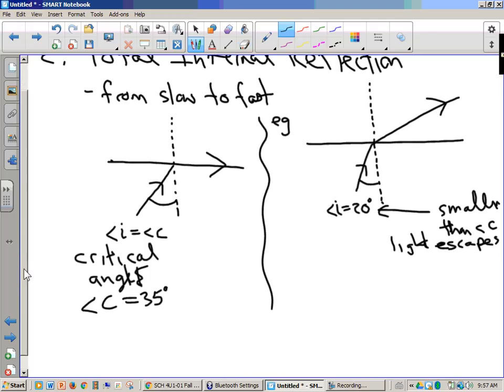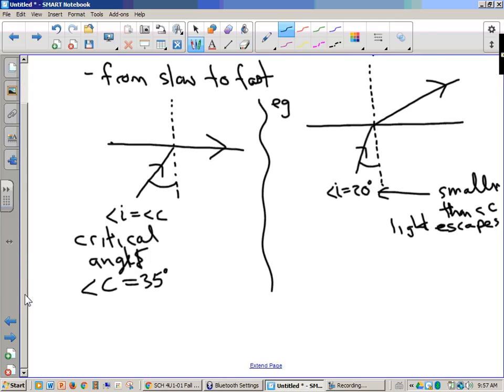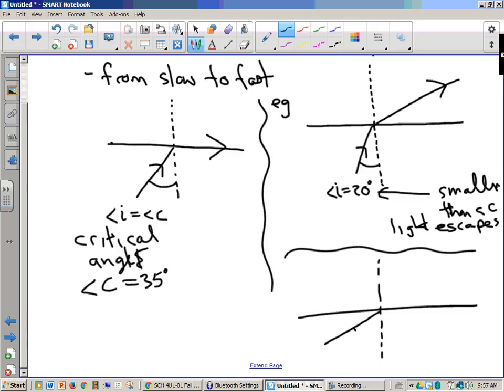If I change the situation, and again, I'm going to draw a little normal, and I have an angle here that is now 40 degrees. Now the angle's bigger than the critical angle. What happens to that light? Logan? It reflects all back in. It's totally reflected.